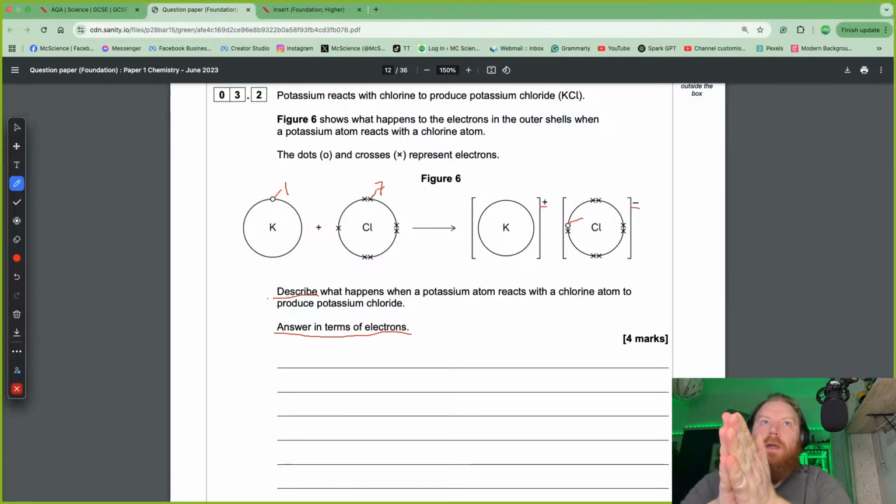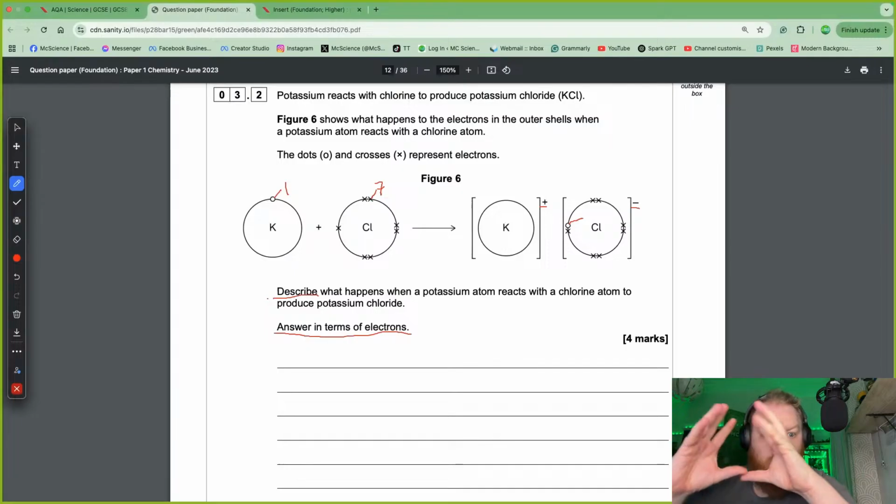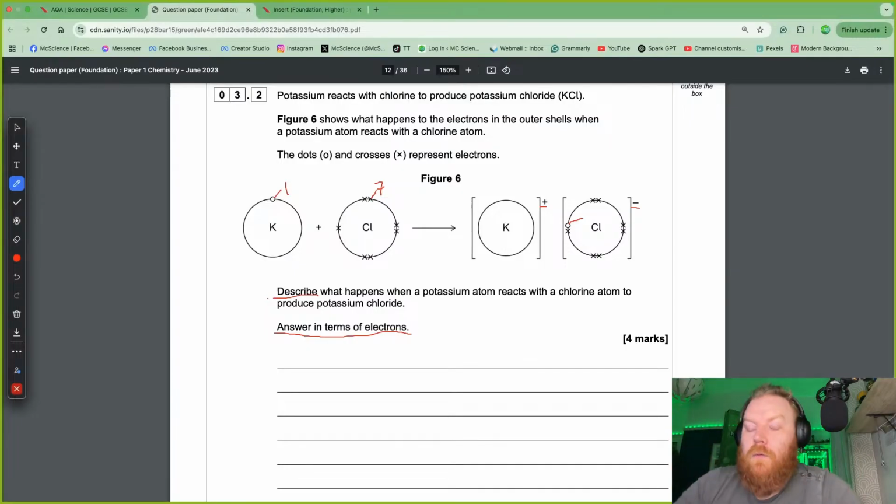And when we lose our electrons, we become positive because we no longer have an electron for every proton, and therefore we're no longer neutral overall. We then become either negative or positive. So if we're losing negativity, we would therefore become positive, and vice versa. We gain negativity, we become negative.